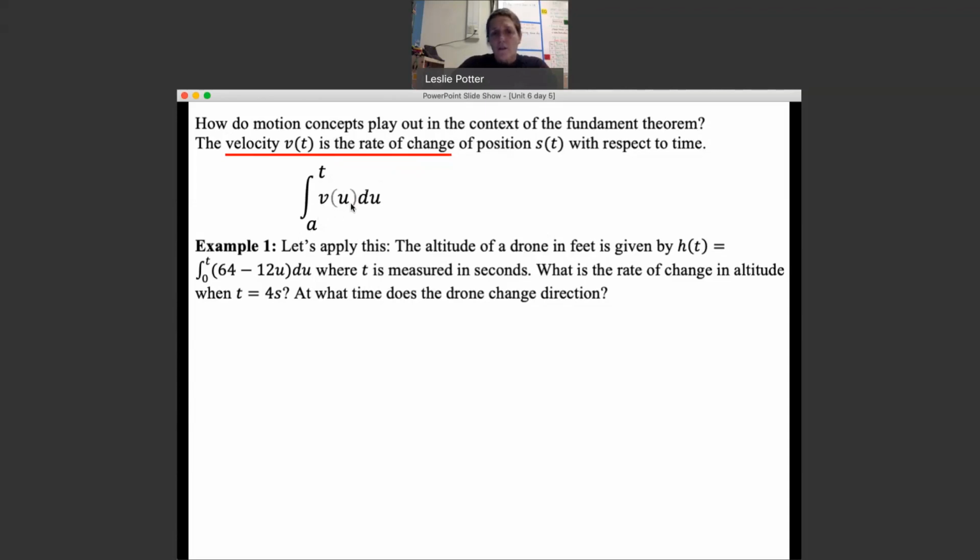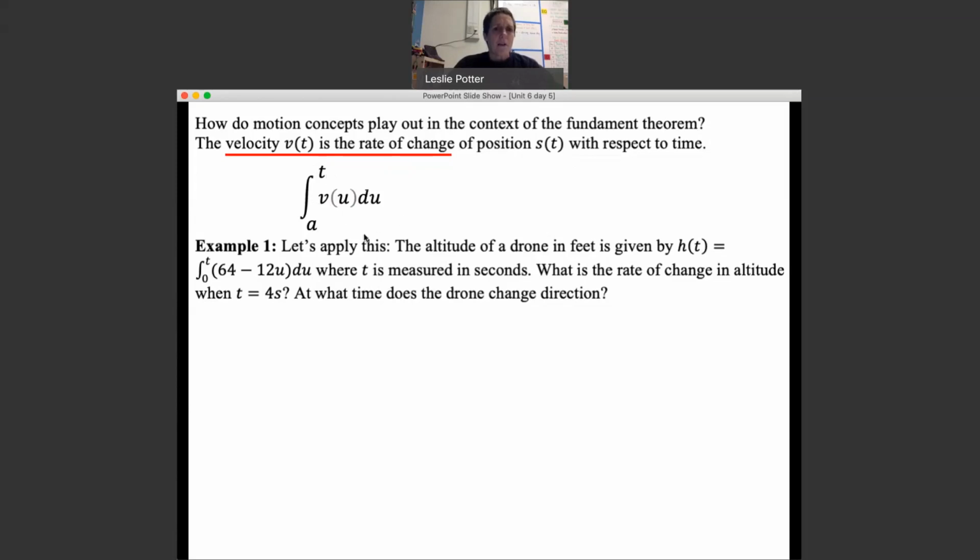Now, notice the variables I'm using here. Because we're talking about motion, and motion is usually with respect to time, we have to end up with the variable of time at the end, after the variable change. So our upper limit needs to be t, not x, because it makes more sense with motion questions.